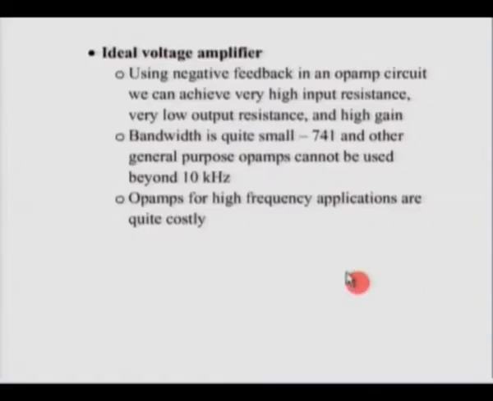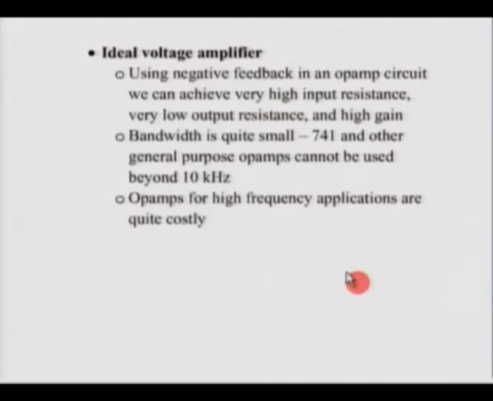Now then we talked about op-amp being an ideal voltage amplifier. Interestingly, how did an op-amp become an ideal voltage amplifier? One thing we said is because of the negative feedback. Another thing to keep in mind is, if you look at the inside of an op-amp, essentially you have 3 blocks.